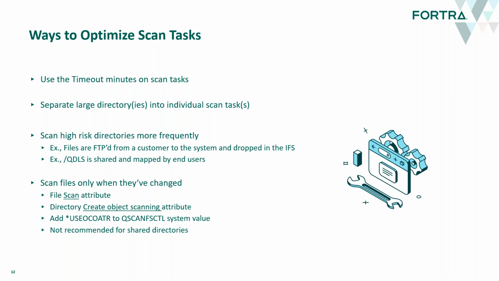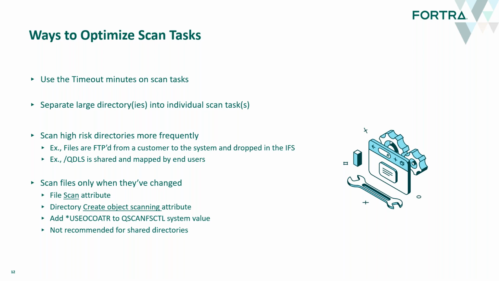We need to scan it again because it's been modified. But if you remember, we're updating your virus definitions every day. So now we have new information that we want to scan the file with. But you may not want to scan those files every day just because the virus definitions changed. You only want to scan when the file itself has been modified. So that can speed up your scans as well. We don't have to scan everything every time.